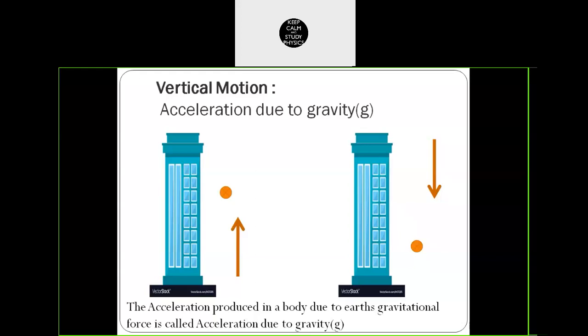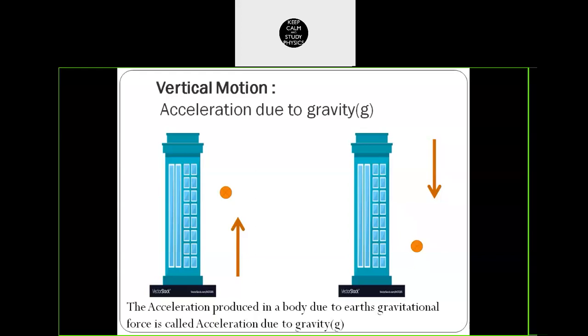But for the sake of solving the problems only, we take g value as 9.8 meter per second square. So it is an average value. Sometimes you may be asked to take 10 meter per second square also.